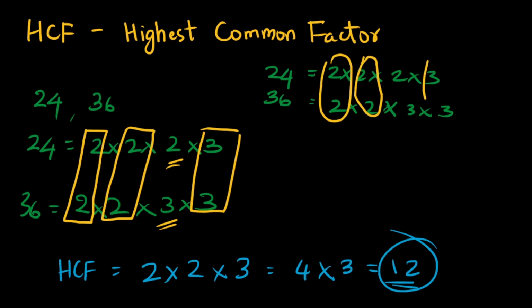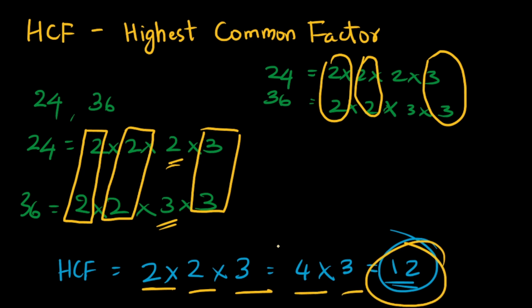Then you have 3 and 3, again you paired them up. Here you don't have any 2 to pair, and here you don't have any 3 to pair, right? So when you take the HCF, that is 2 into 2 into 3, you will get 4 into 3, which is 12. I hope it's clear.